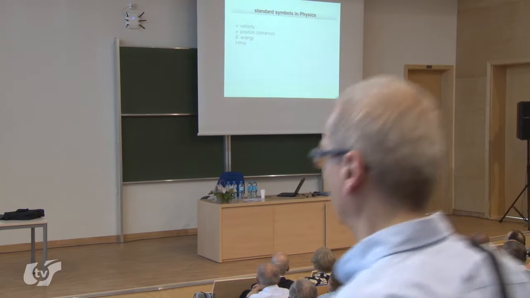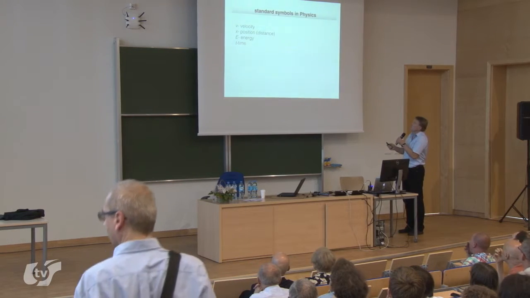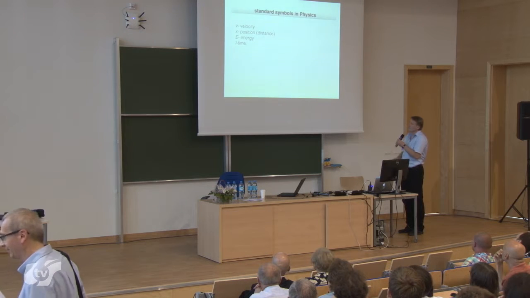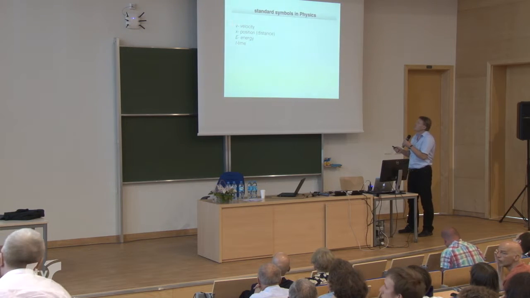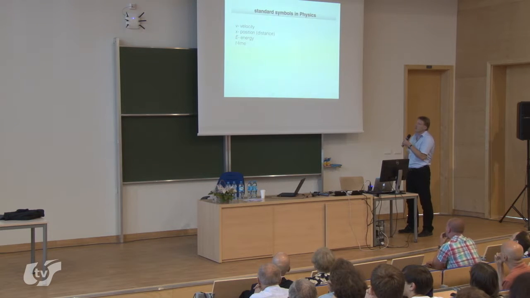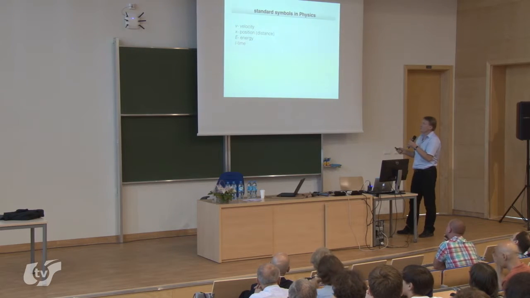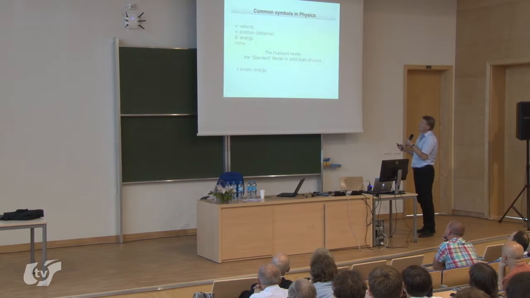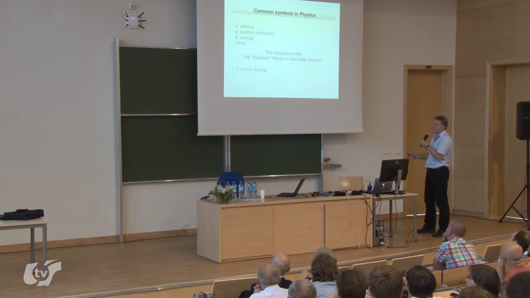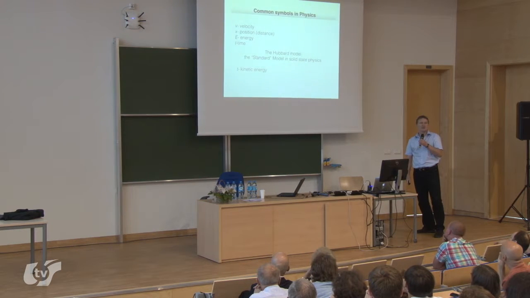Okay, so let me start with something very general. In physics, we have standard symbols. For instance, we usually use letter V for velocity, X for position, E for energy, and almost always T for time. But in solid-state physics, you have the Hubbard model, which is really the standard model of solid-state physics.